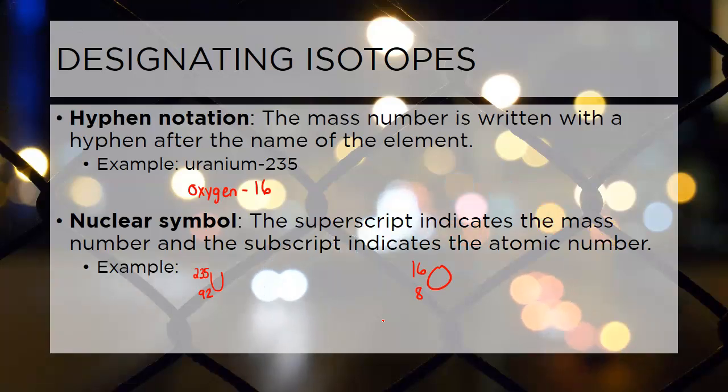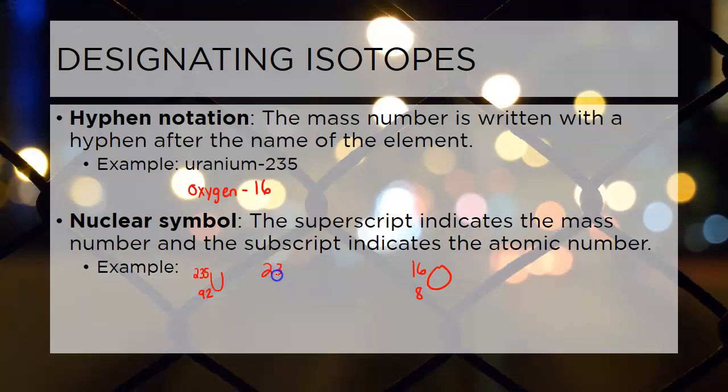So if I want to know how many neutrons an element or an isotope has, I'm just going to take 235 minus 92, which gives 143.